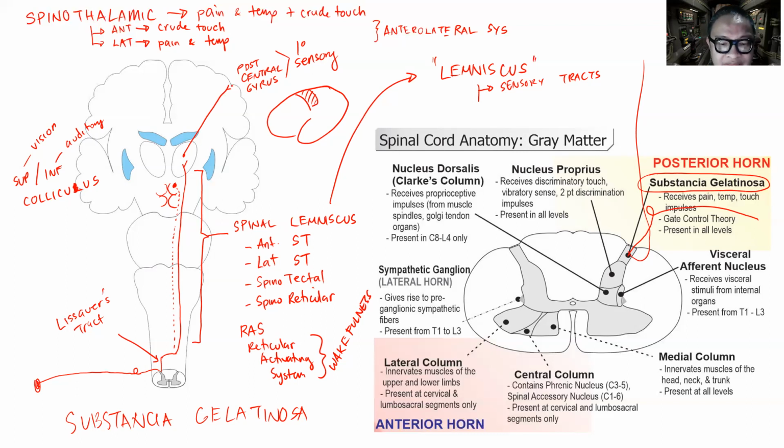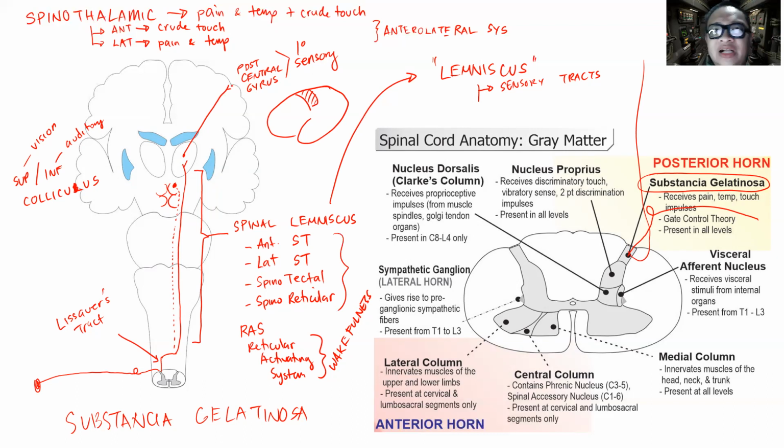So this is your anterolateral system, your spinothalamic, anterior and lateral. And then we just discussed your spinal lemniscus system, which is a group of tracts, and these are what makes it up.